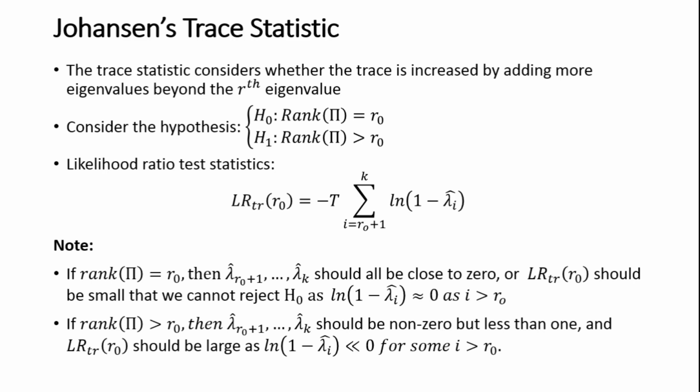The likelihood ratio test is given, and you can note that if the rank of the matrix is equal to r0, then all the non-zero eigenvalues should be close to 0, or the likelihood ratio statistic should be small, so that you cannot reject H0.